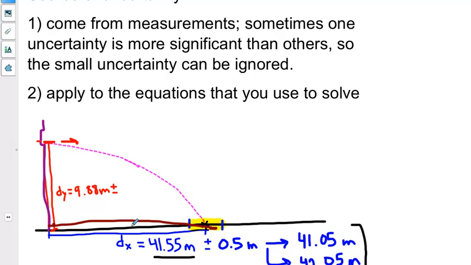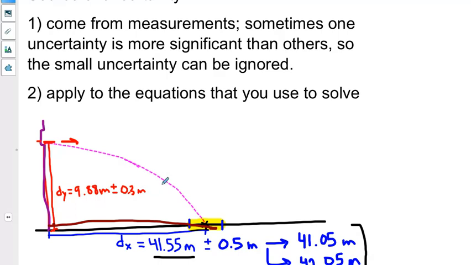So we said, well, that means that the dy might not really be 9.88. We weren't sure how much it would have changed, and we could have done an experiment or a study to figure it out, but we just decided to estimate that maybe we were off by as much as 30 centimeters, 0.3 meters, or 0.30.